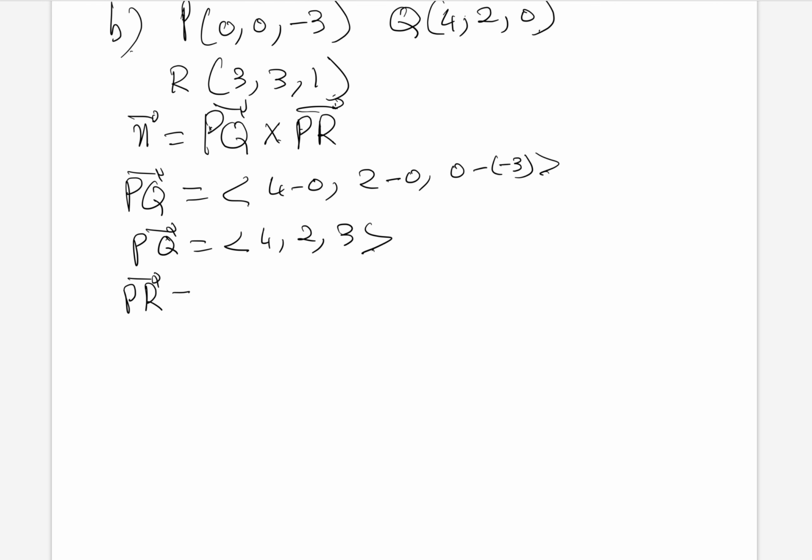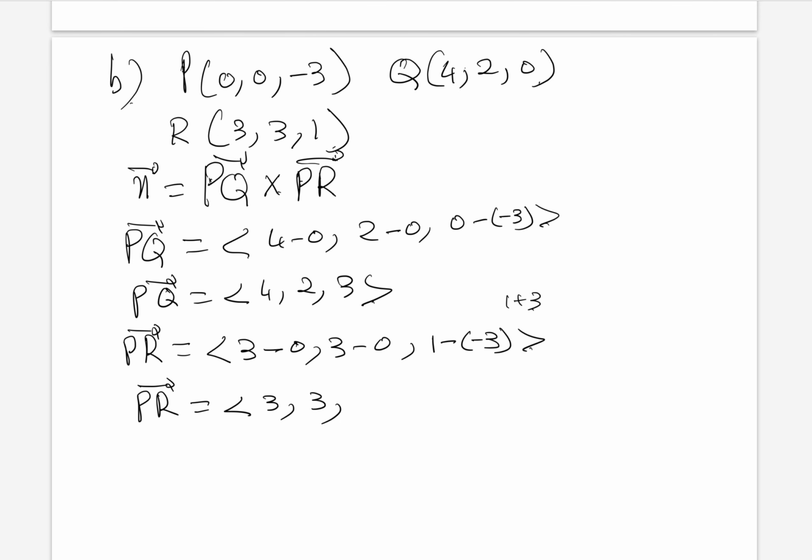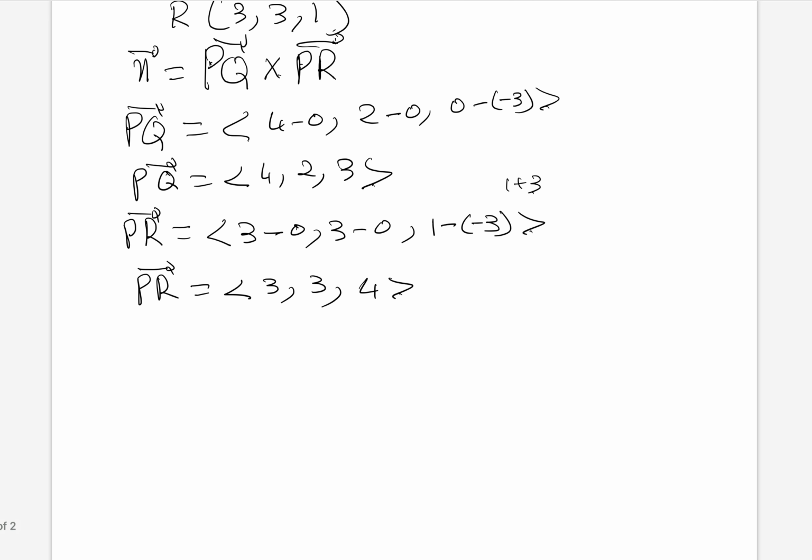The PR vector is equal to 3 minus 0, 3 minus 0, and 1 minus (-3). So the PR vector is 3, 3, and 1 plus 3, which is 4.